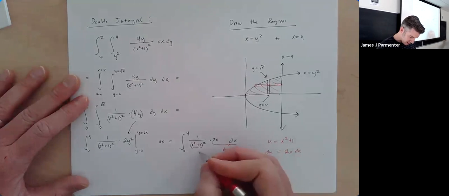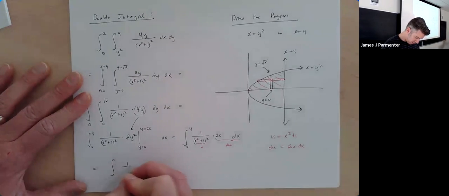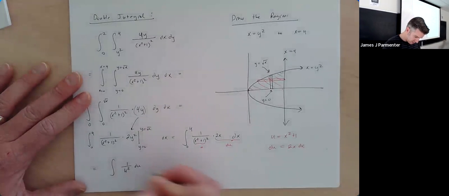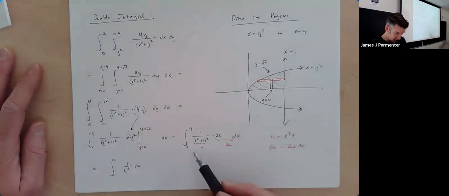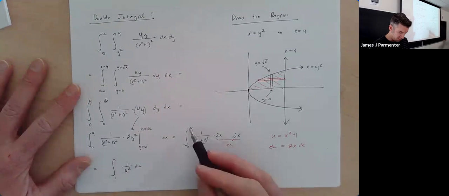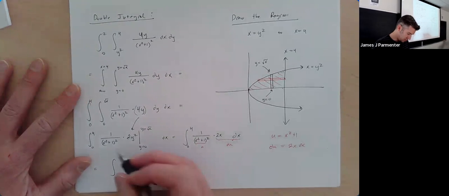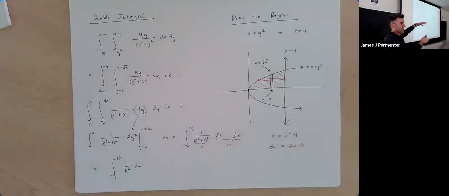And so we're going to rewrite this as the integral of 1 over u squared du. And I personally would change my limits of integration here. If x is 0, u is going to be 0 plus 1. If x is 4, u is going to be 16 plus 1. If it's easy to change limits of integration, I think it's worth doing just because then you don't have to write the changing back part at the end. So I would do that.